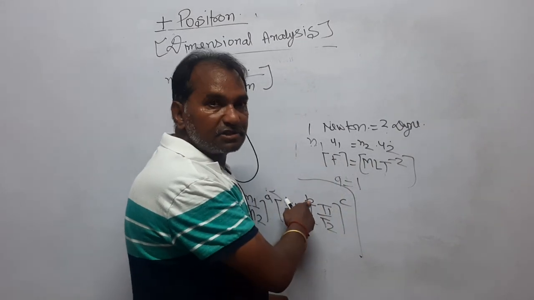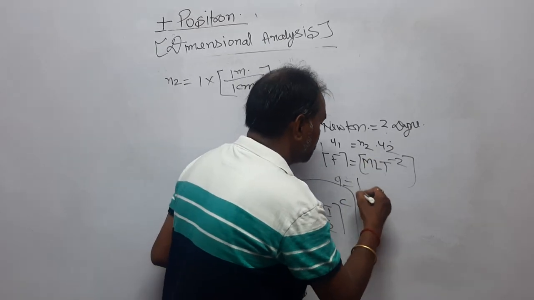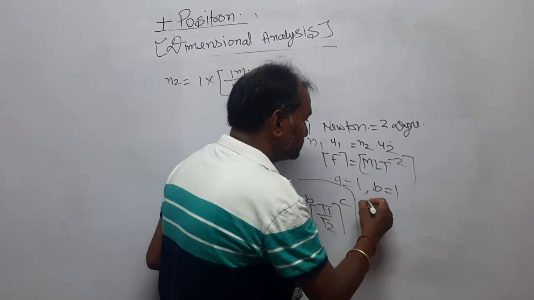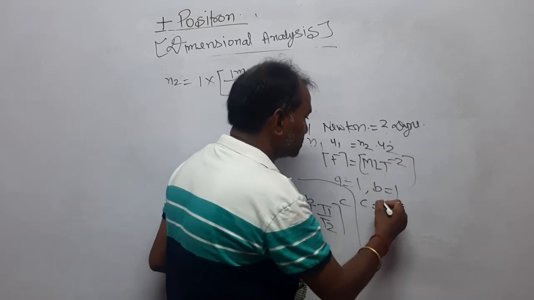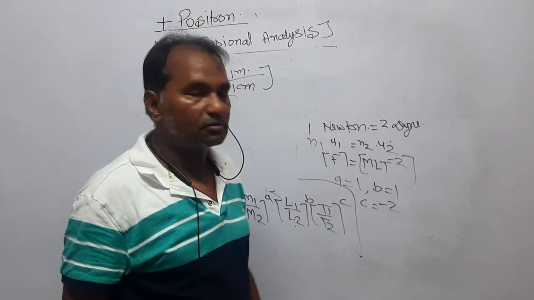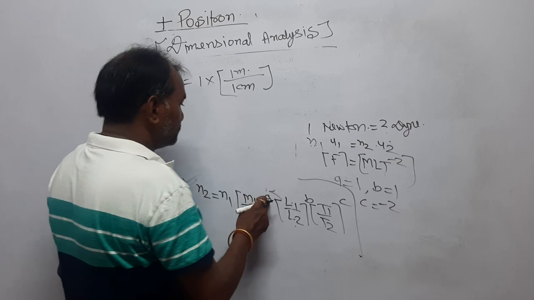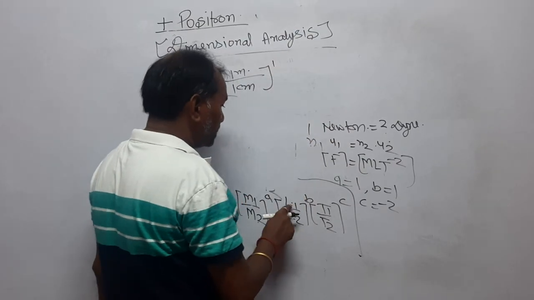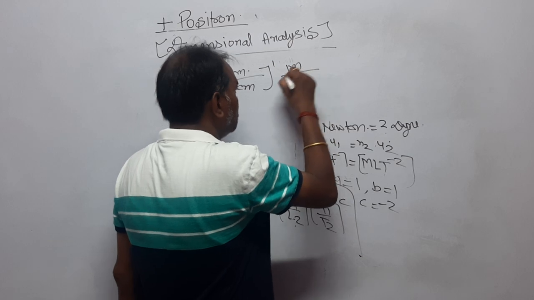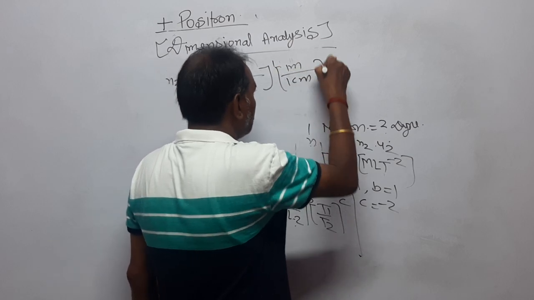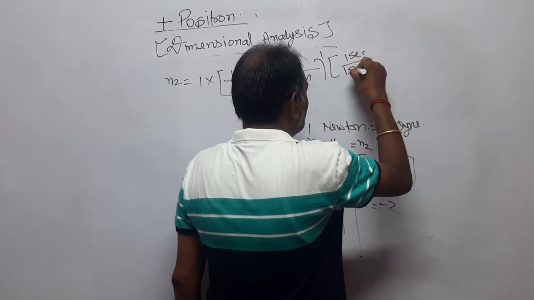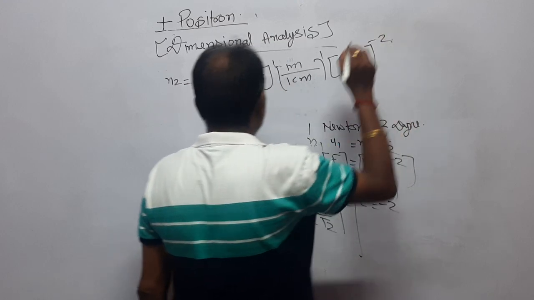Here L has the dimension B and there L has the dimension 1, so B is equal to 1. And here time has the dimension C and there time has the dimension minus 2, so C is minus 2. Now write down: M1 upon M2 to the power A equals 1, and now L1 is 1 meter divided by 1 centimeter to the power 1, and both T1 and T2 are 1 second, whole to the power minus 2.